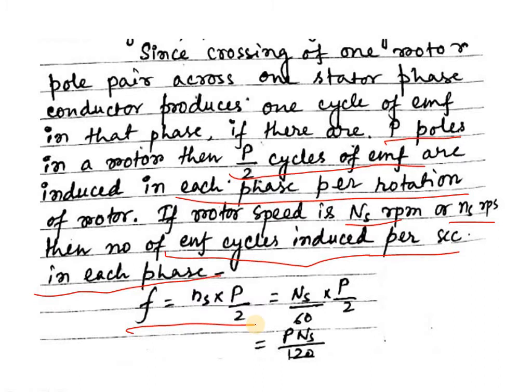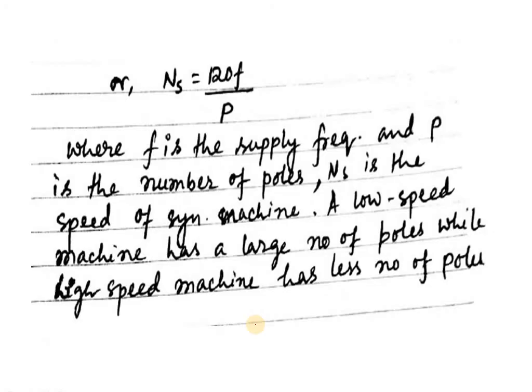That means our frequency is P Ns by 120. That means the frequency of the generated voltage will be P Ns by 120, or Ns equals 120 f by P, where f is the supply frequency, P is the number of poles and Ns is the speed of the synchronous machine.